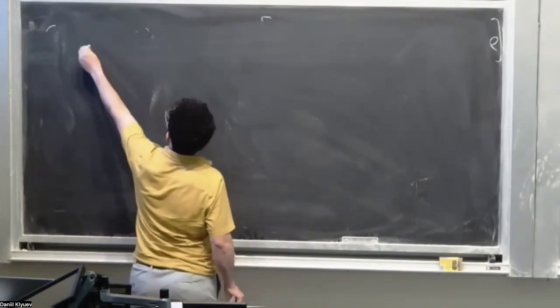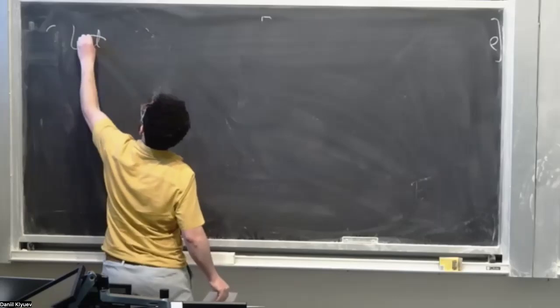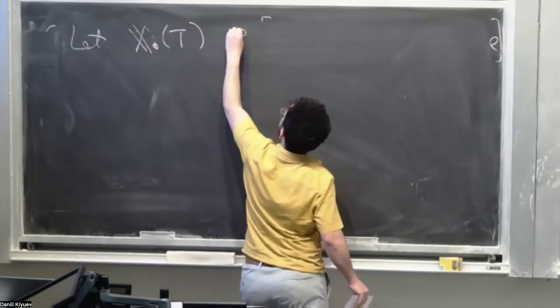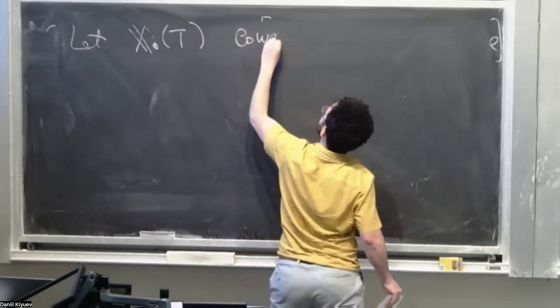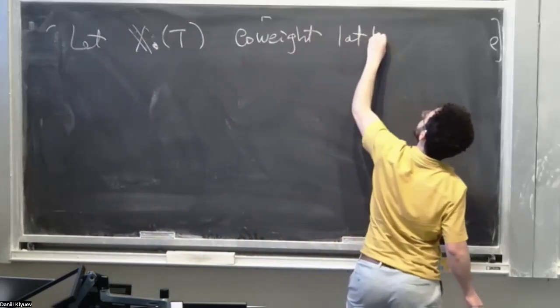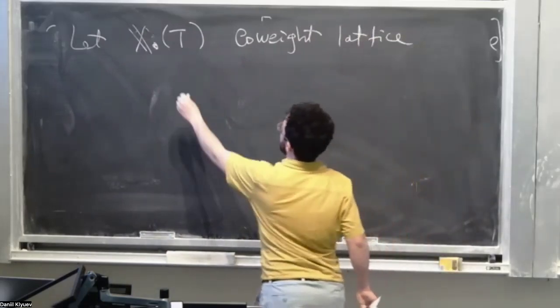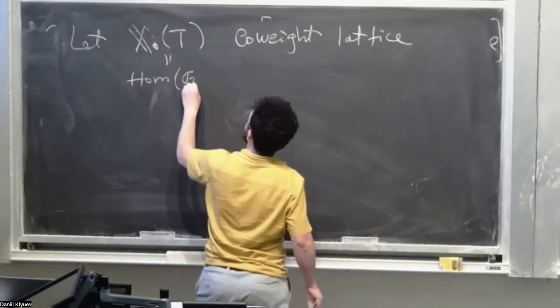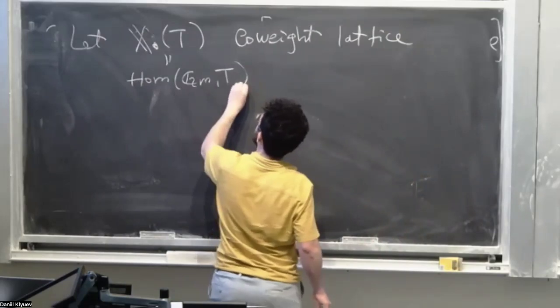So we have a map. This is going to be my notation for the co-weight lattice. An object here, from GMT.